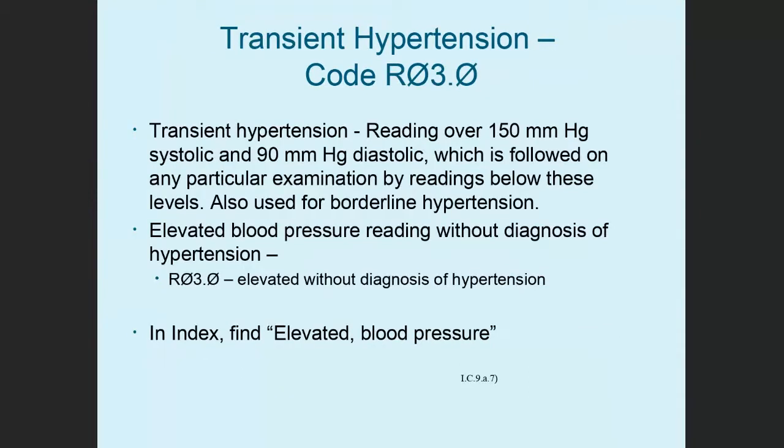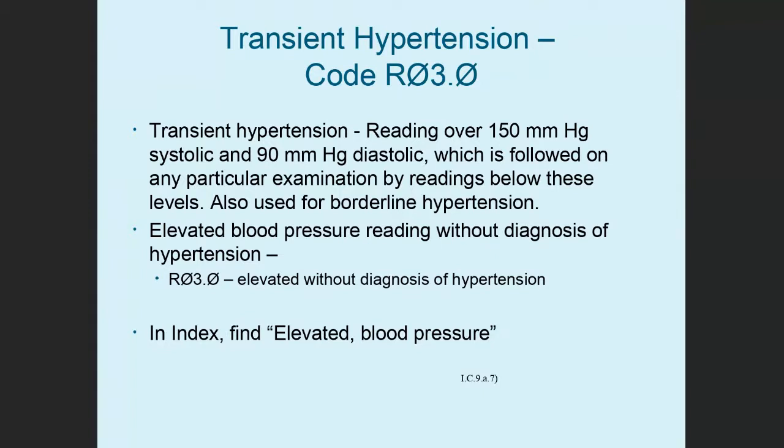Transient hypertension is defined as over 150 systolic and 99 diastolic, and then later it's less. So this is a spike in blood pressure, but the provider is not ready to state the patient has hypertension.